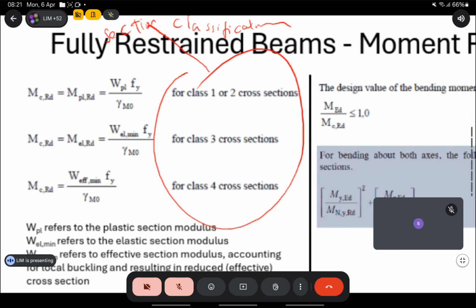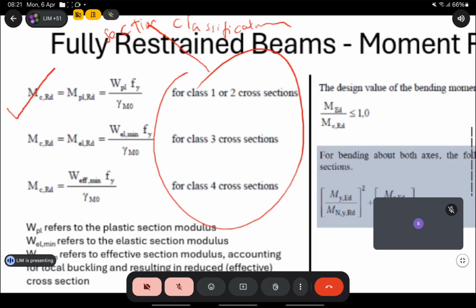If your beam is a class 1 beam, to be honest, most beams that you will encounter are class 1 or class 2. So you need to remember this formula by heart.